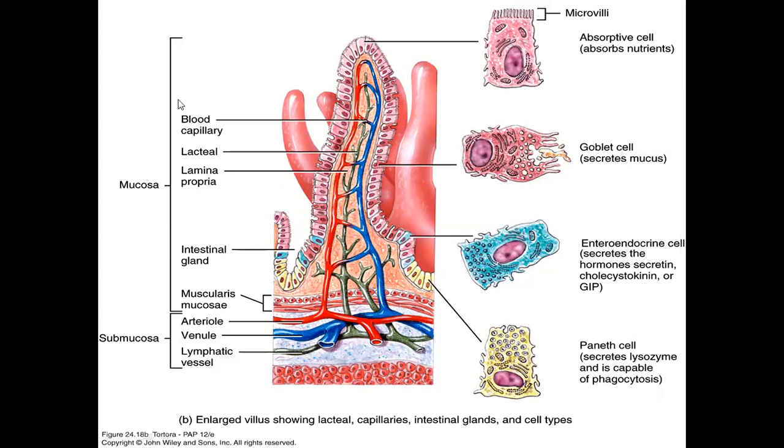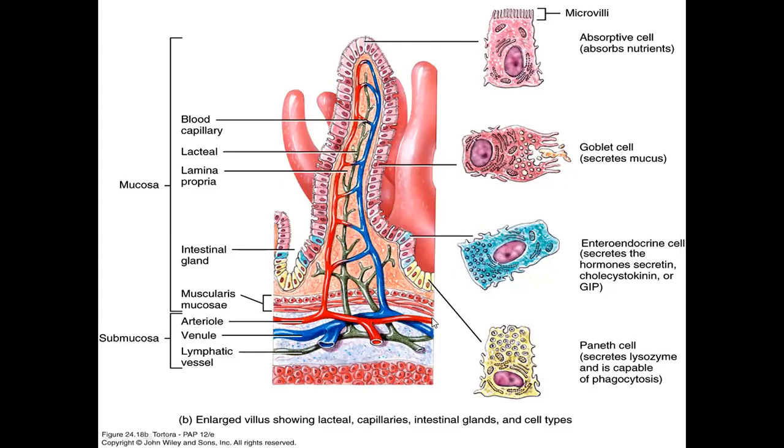What is happening here? This is the lumen. Inside this lumen you have fructose, galactose, and glucose. You have different types of monosaccharides. All these monosaccharides will be absorbed into this blood capillary, and then they will be carried to the liver via a transport system, which is called the hepatic portal system.